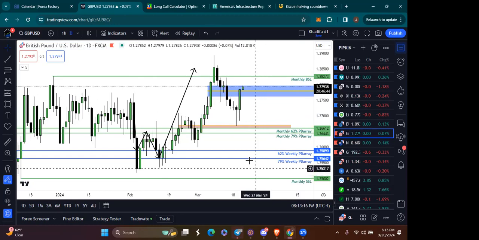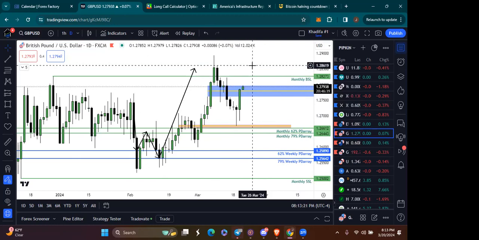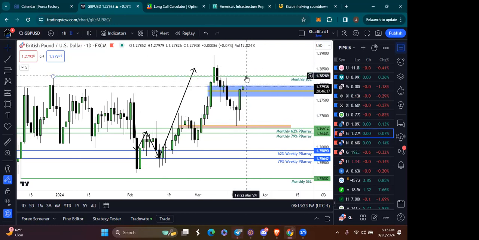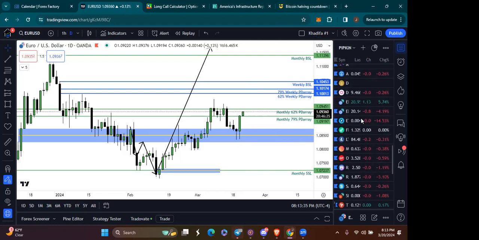So I would like to see if we get back above it aggressively and close above it, then Euro and NZD is definitely going to follow behind it, right? So that's what you can expect out of currencies going forward.